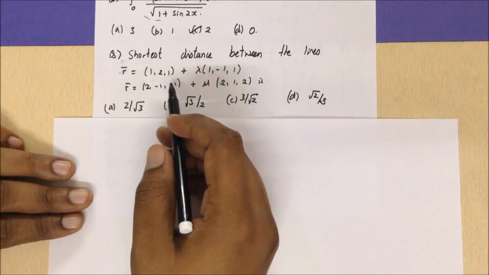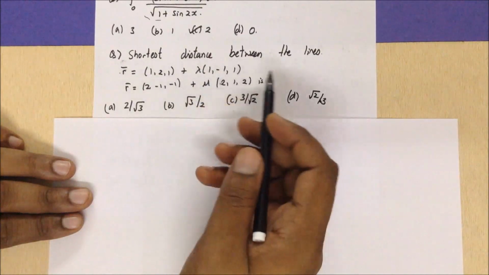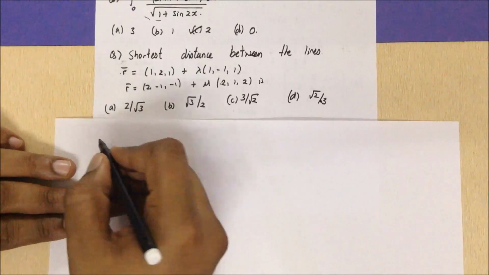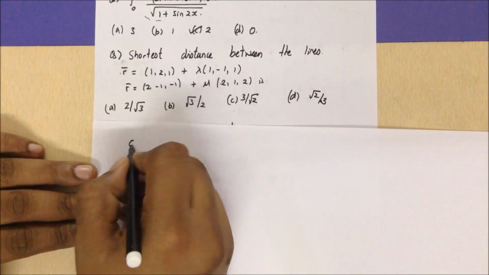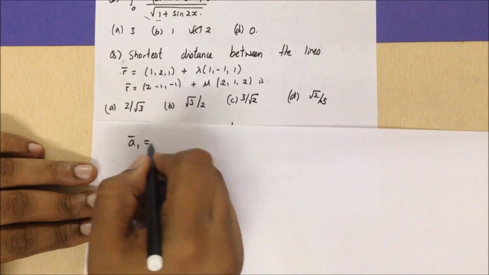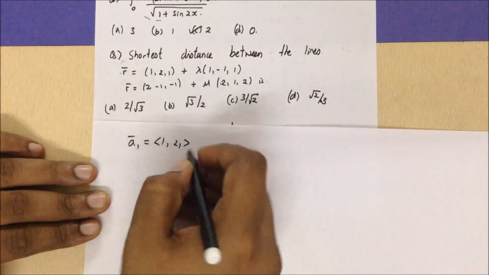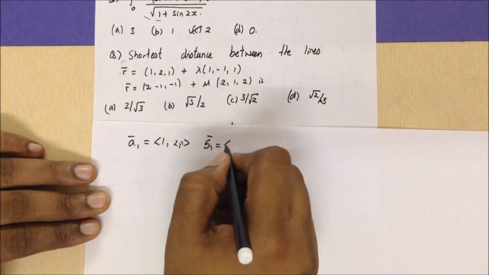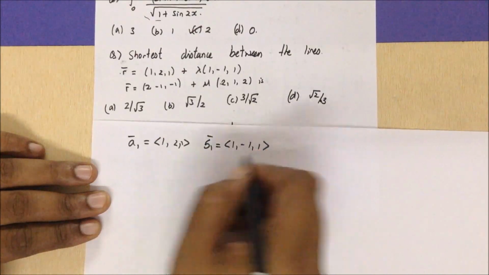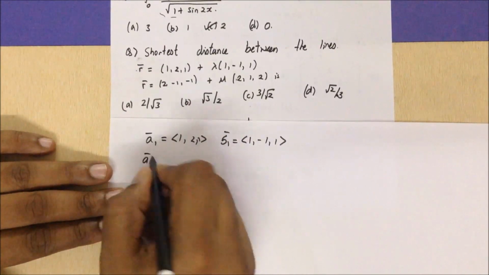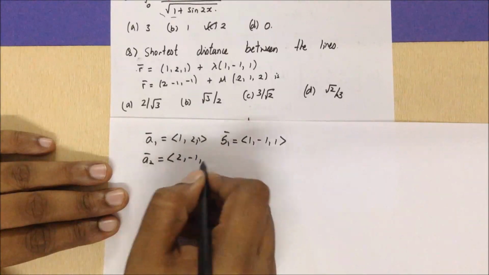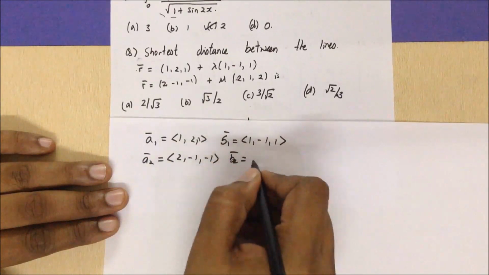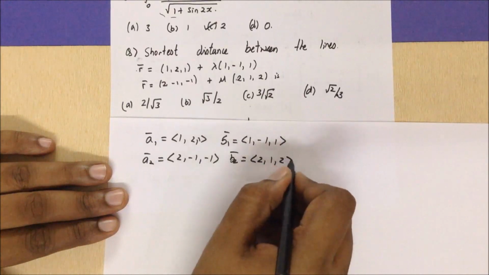Moving to the next question, we have to find the shortest distance between the lines which are given to me. So let me consider the vector form of it. a1 bar is equal to 1 2 1, b1 bar is going to be 1 minus 1 1, a2 bar is going to be 2 minus 1 minus 1, and my b2 bar is going to be 2 1 2.